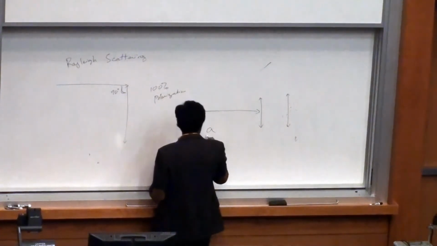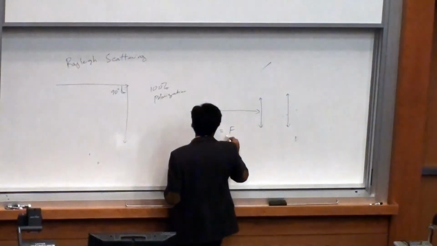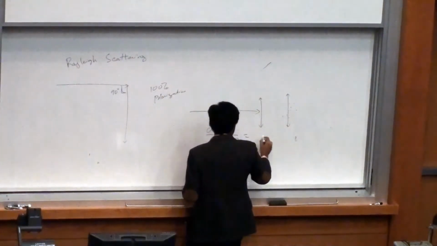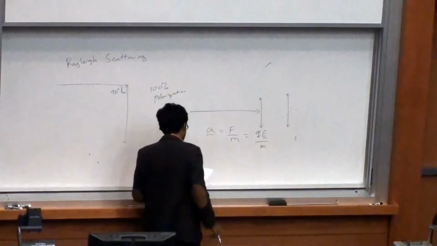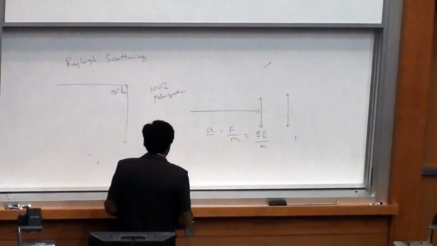acceleration. We know acceleration is force over mass, so the force is the charge times the electric field, over the mass of the particle that gets hit.